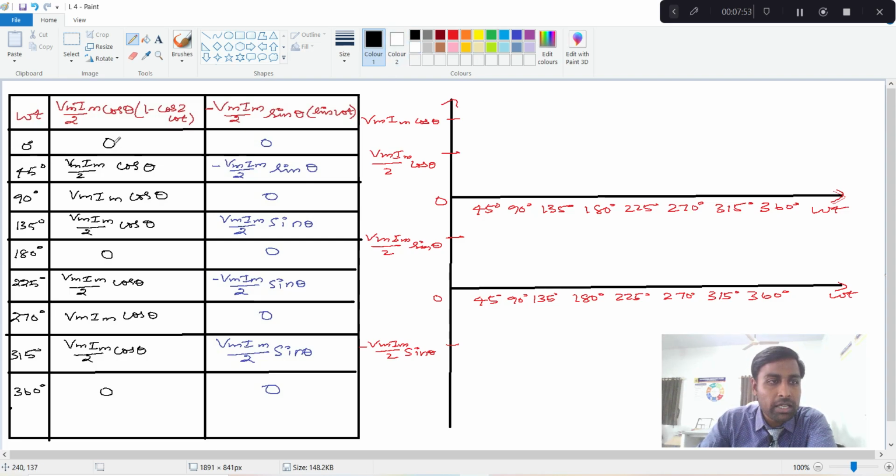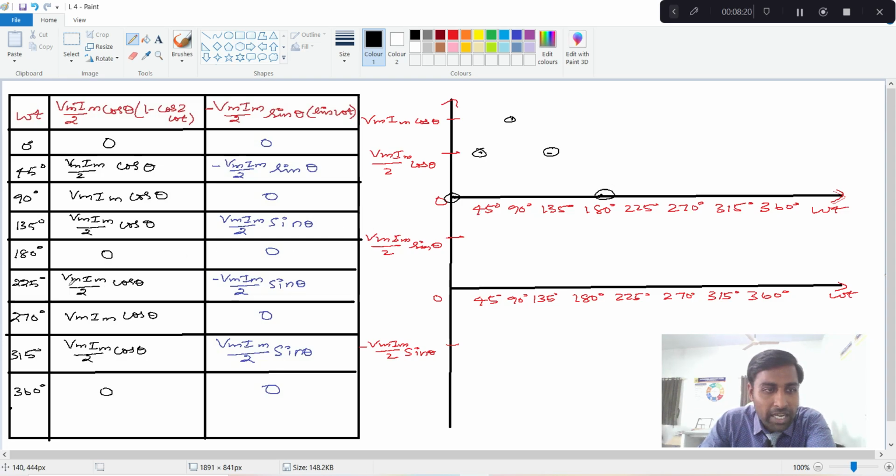For 0 degree, for the first expression I am getting 0. For 45 it is half of this value, that is Vm Im by 2 cos theta. For the 90 degree it is Vm Im cos theta, and for 135 degree again it has become half. At 180 degree it is again becoming 0.